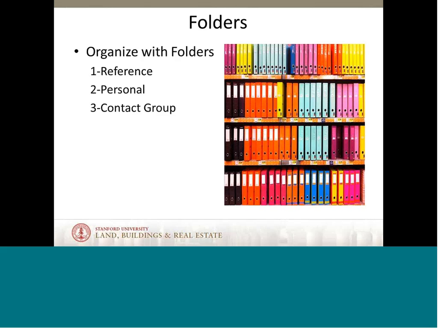All right, and then Contact Groups is just a new name for a distribution list. How many of you belong to mailing lists that you've signed up for? Parking, transportation mailing lists, or things like that. Those types of emails are sent out to a whole bunch of people. They're just FYI emails. It's not really something very important that you need to do today, unless they have a contest giving away a free iPad, then you want to make sure you get that email. Those types of emails you can put in contact groups.